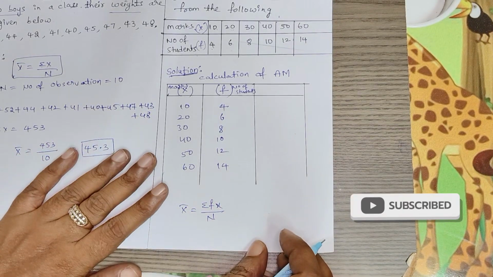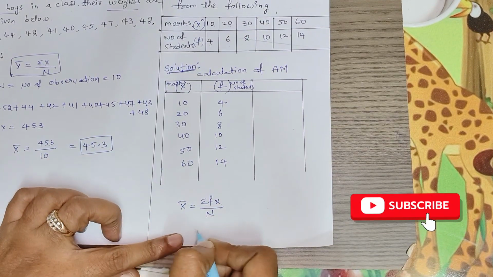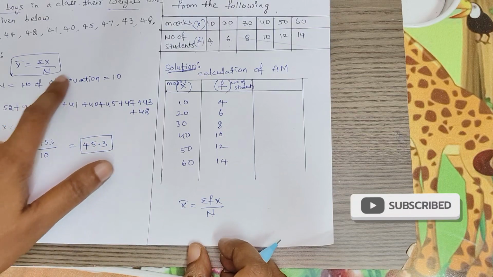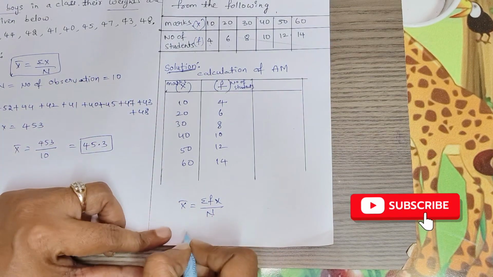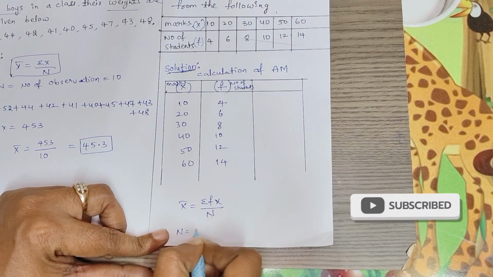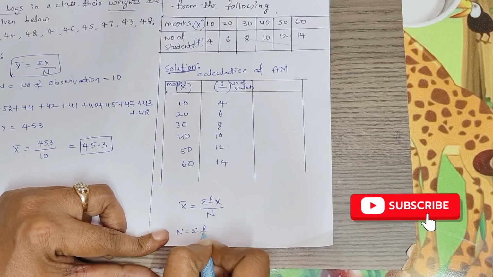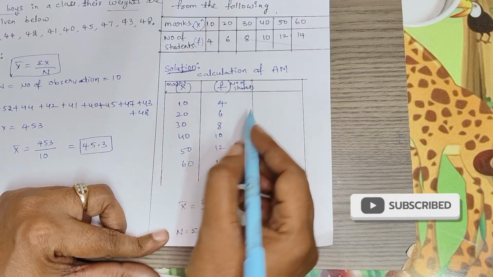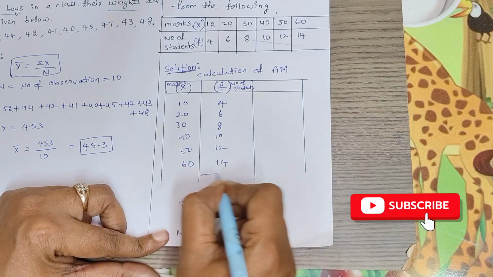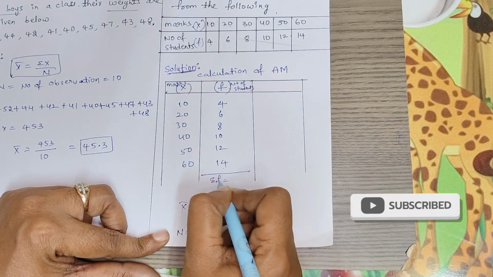In this discrete series, n is equal to the total of frequency. In an individual series, n is equal to the number of observations. In a discrete series, n is equal to the total of frequency, that is n is equal to summation of f. Summation of f is the frequency column total.